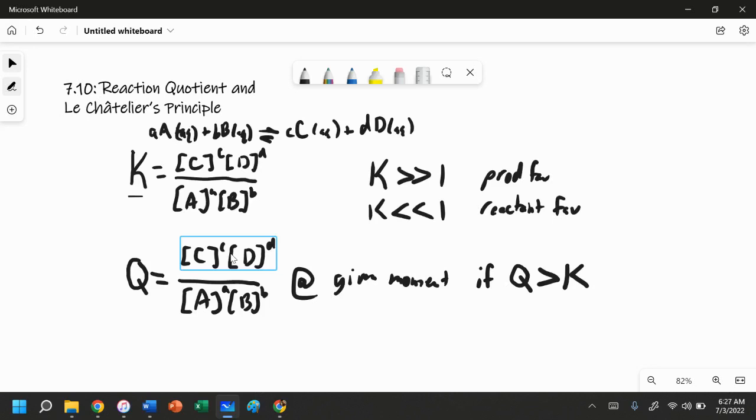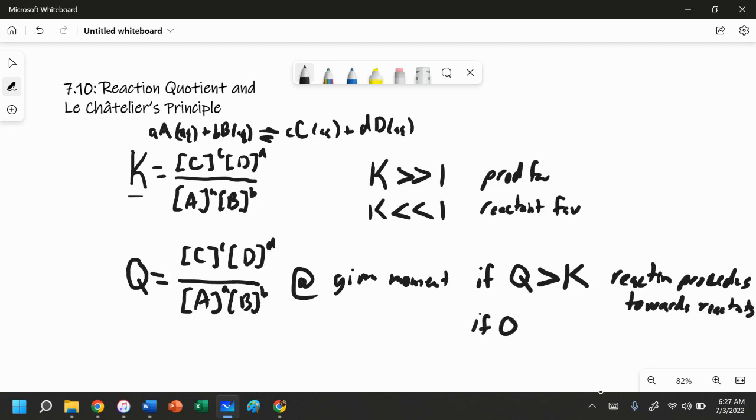And so the reaction is going to proceed towards the reactants in order to get Q down to K. In other words, the reaction will proceed until Q is equal to K. So if Q is greater than K, we have too many products, and the products are going to react with one another, and the reaction will proceed towards the reactants until Q is equal to K. So if Q is greater than K, the reaction proceeds towards the reactants.